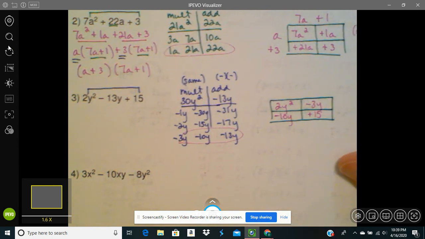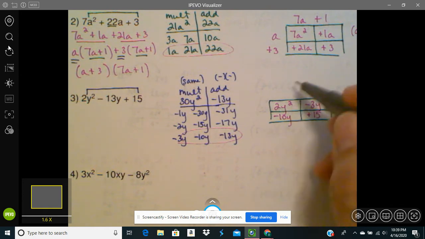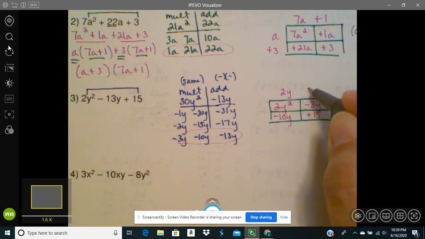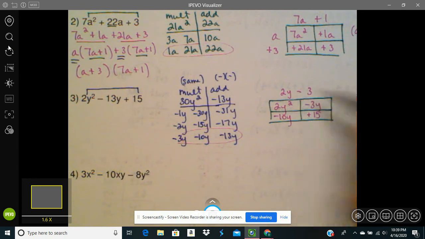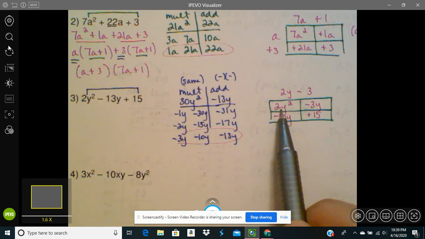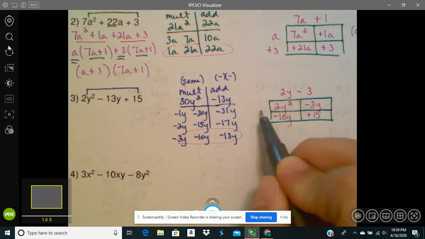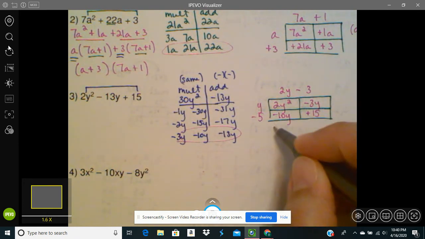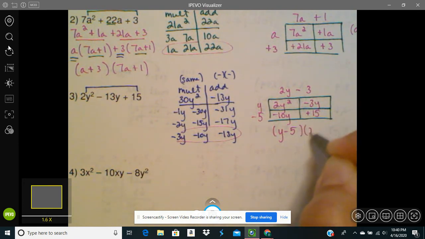Let's look at greatest common factors. 2y squared and negative 10y have a greatest common factor of 2y. Negative 3y and 15 have a greatest common factor of 3, but remember, the sign that's on top floats up with it. The greatest common factor of 2y squared and negative 3y is y. And then the greatest common factor of negative 10y and 15 is 5, but again, this negative floats out. So my final answer is y minus 5 times 2y minus 3.